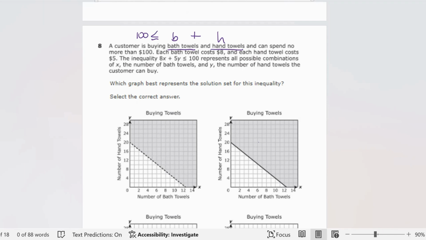Each bath towel costs $8, and each hand towel costs $5. They already give the inequality representing all possible combinations. If x is the number of bath towels and y the number of hand towels the customer can buy, which graph represents the solution set of this inequality?